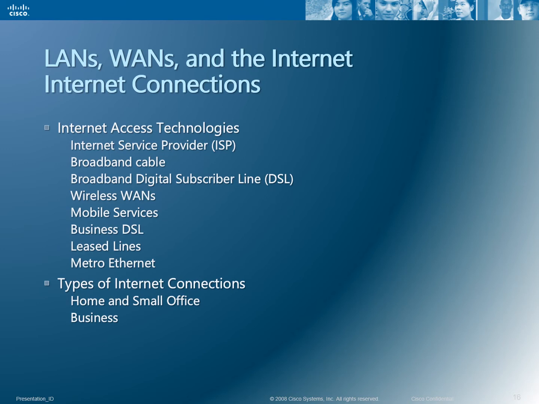Mobile services, so there's a number of different mobile services that are around, specifically like cell phone networks. That's probably one of the big ones. Business DSL, there's a big difference between business DSL and consumer because businesses often need to upload information just as much as they need to download it, be able to provide things and access for customers.